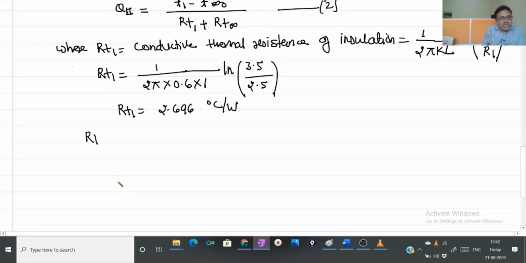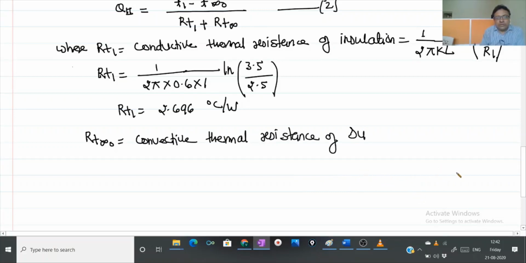Similarly, RT infinity O is the convective thermal resistance of the surrounding fluid. And it can be calculated as 1 over H infinity O into outer area.